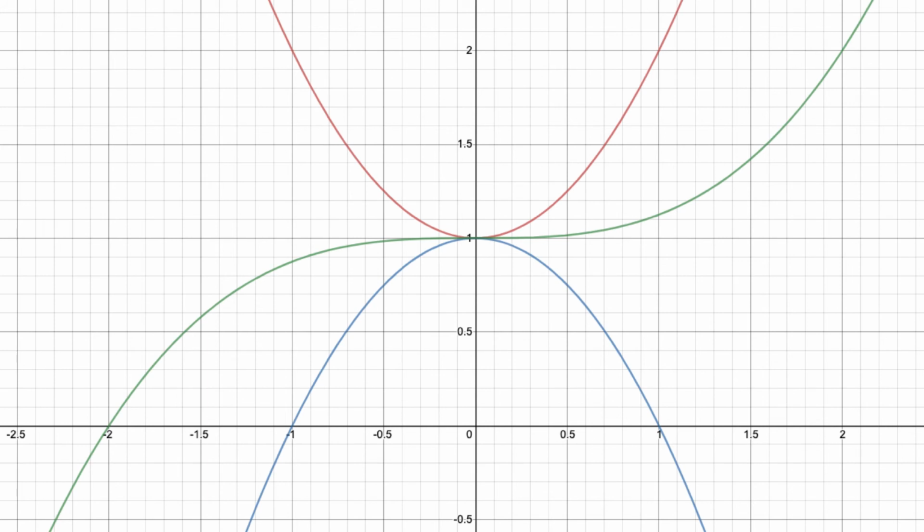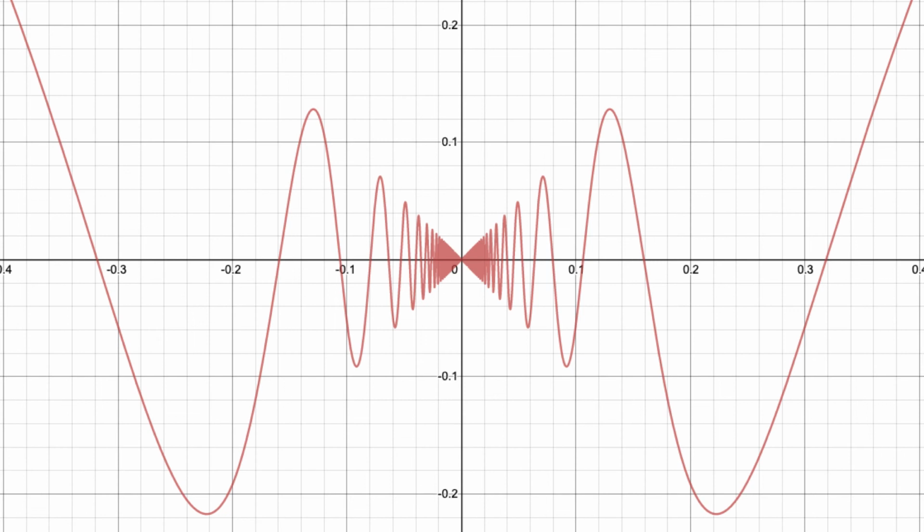So if we find the limit as x approaches 0 for the red one, and the same thing for the blue one, and since the green one is also being squeezed, we can guarantee that it's going to be the same limit. Okay, so let's use that example here.